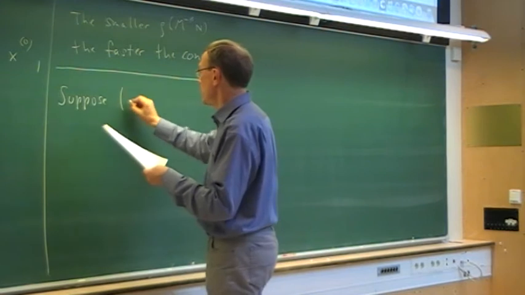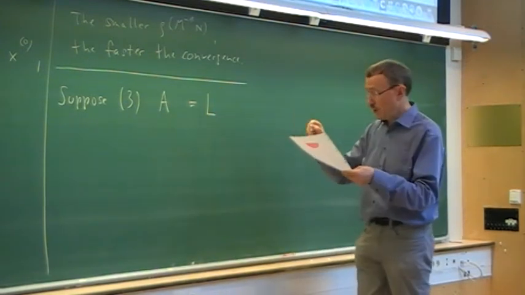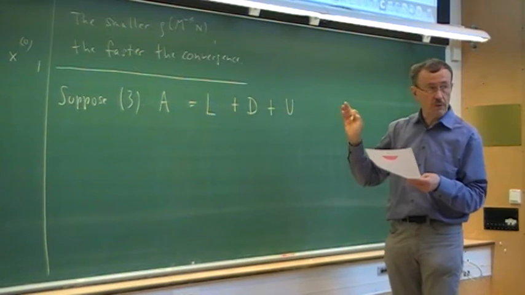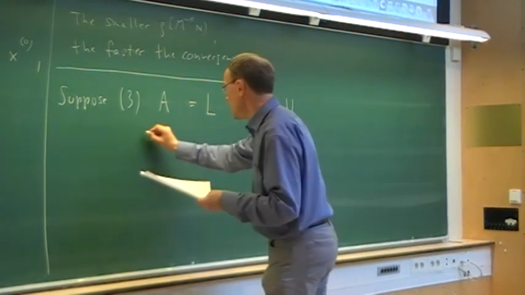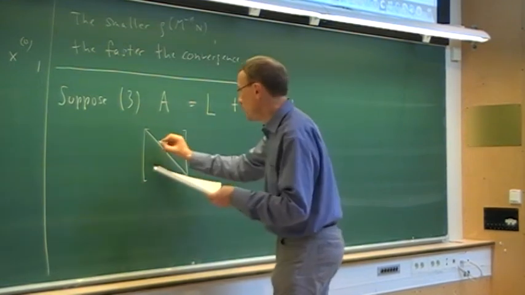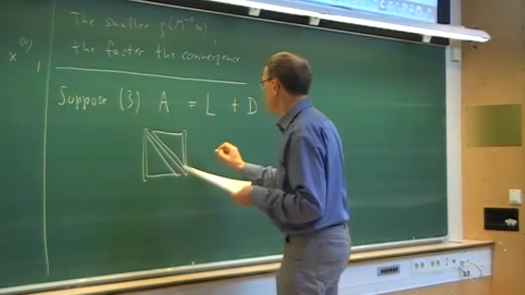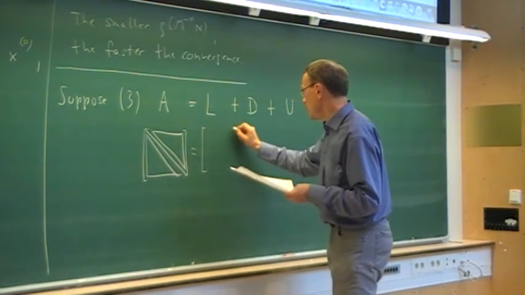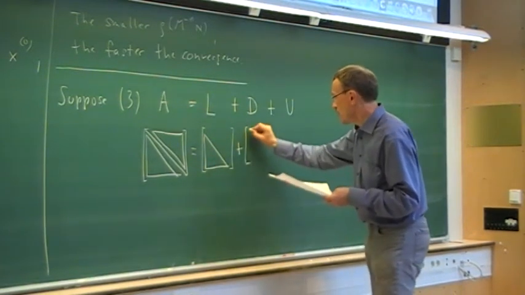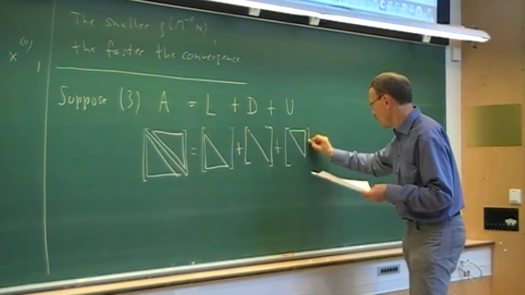So suppose that we can write 3, that is the matrix A, as the lower part of A plus the diagonal part of A plus the upper part of A. So these are not LU decompositions, but if you imagine you have a matrix A, which has, say, a diagonal, and it has some lower part, and it has some upper part, then what is meant by this is that we write it as just the lower part, plus just the diagonal, plus just the upper part.